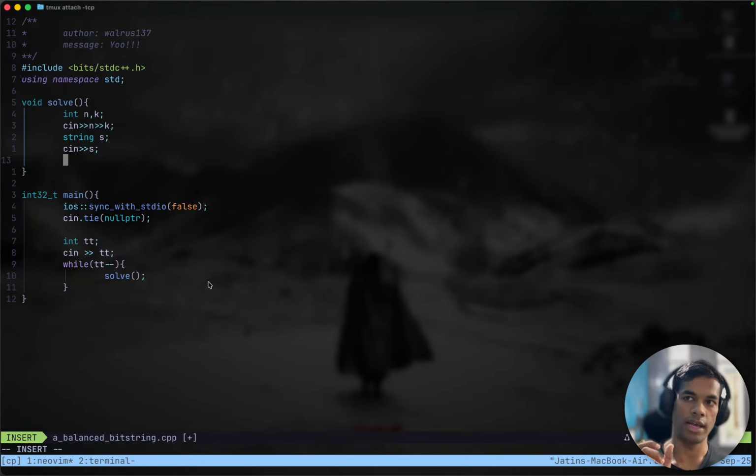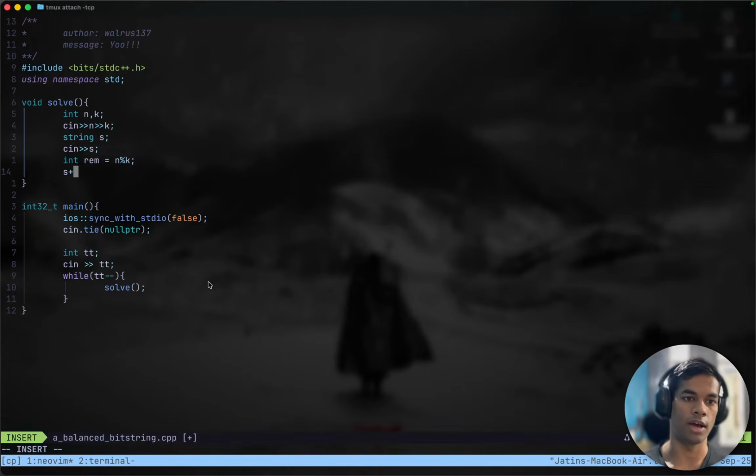We can divide s into chunks of size k. So we have remainder n divided by k, and we now want to extend s by some amount. And how many question marks do we need? We need k minus rem question marks.